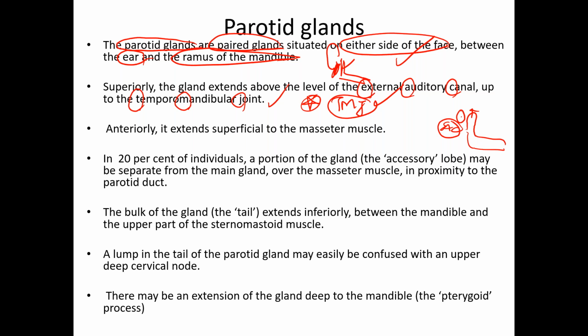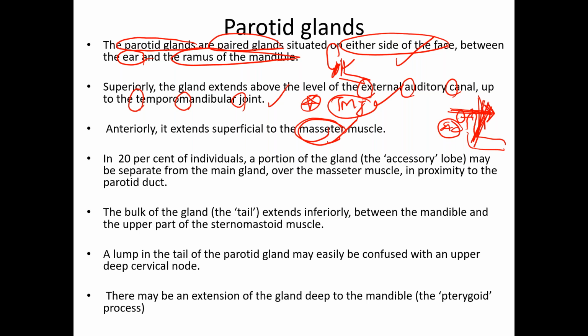If you take this as the external auditory canal, this should be the temporomandibular joint. The upper limit of extension of the parotid is above the level of the EAC. Anteriorly, it extends superficial to the masseter muscle, which inserts towards here almost.